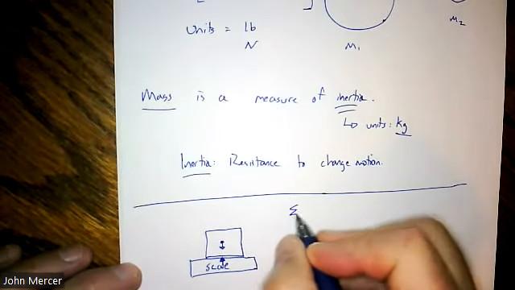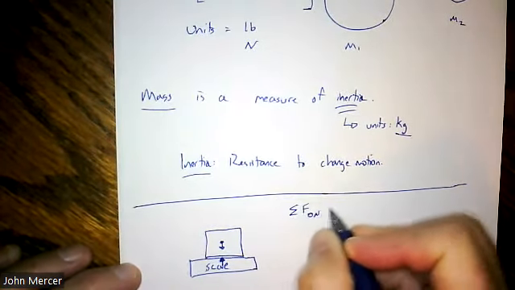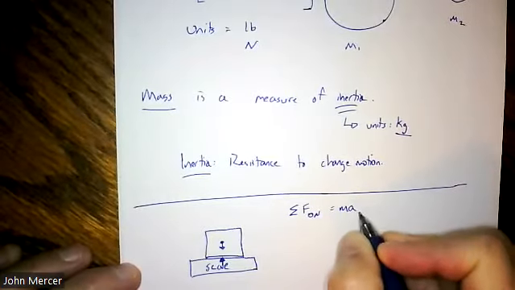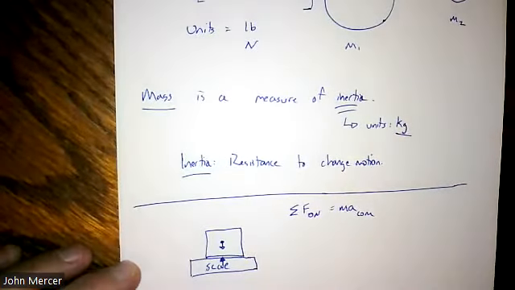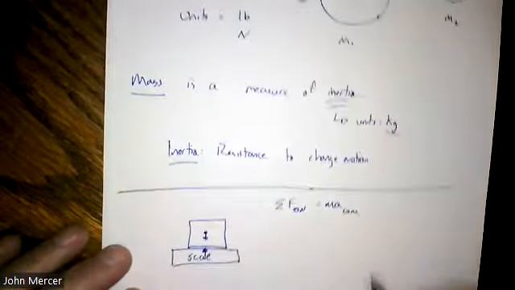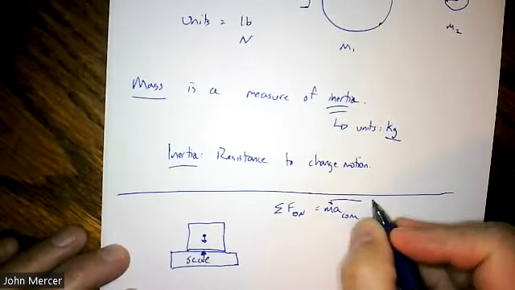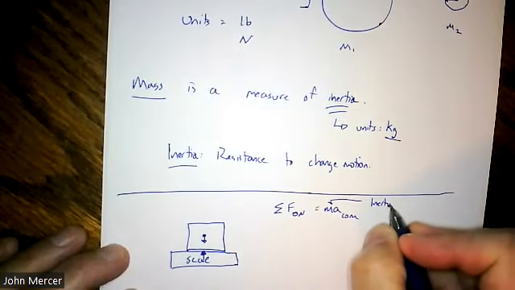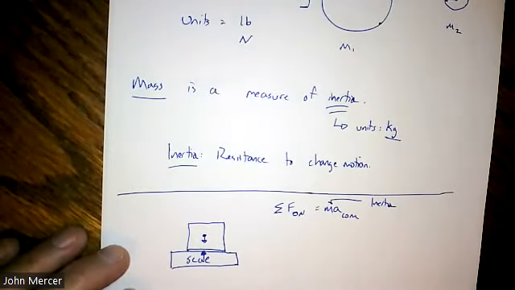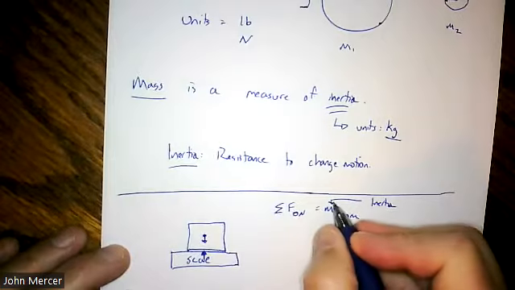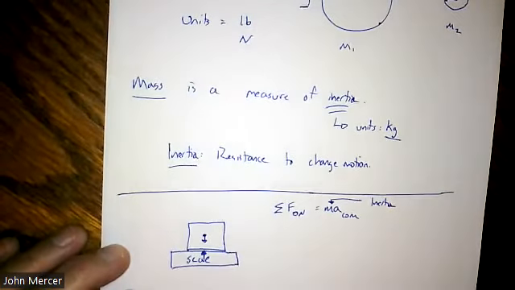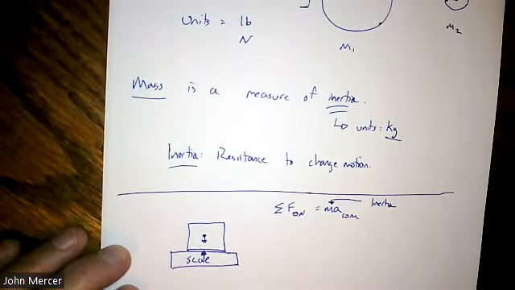And remember, we put those forces into this equation, F equals m a, where a is the acceleration of the center of mass. Here's our m right here, and this is inertia. This is the object's resistance to change motion. And we know what a is, that's the acceleration of the object.